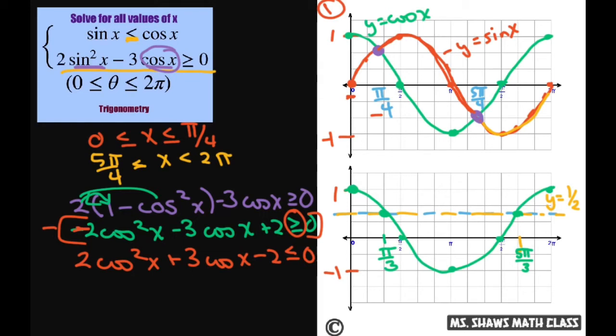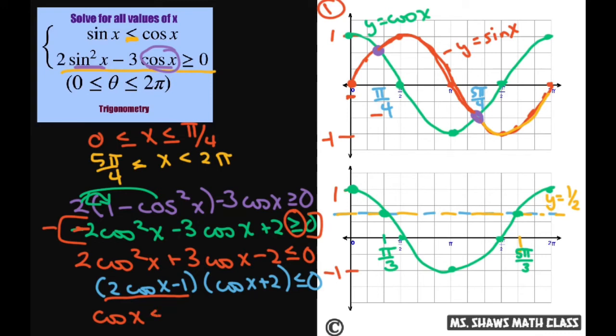All right, so we can factor this as 2 cosine of x minus 1 times cosine of x plus 2 has to be less than or equal to 0. Now, for this one, we're going to have cosine of x less than or equal to 1/2.